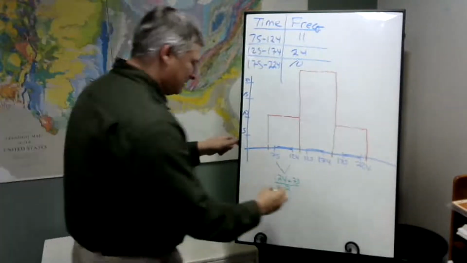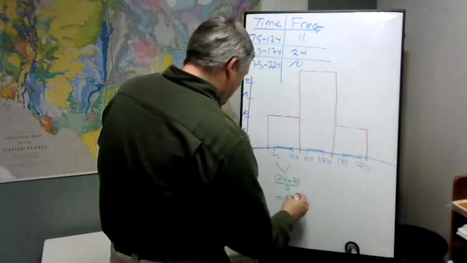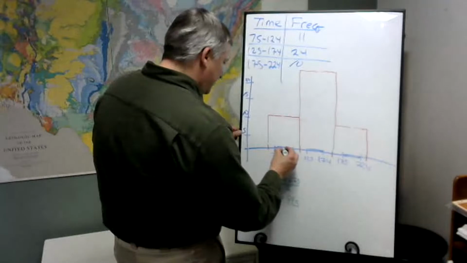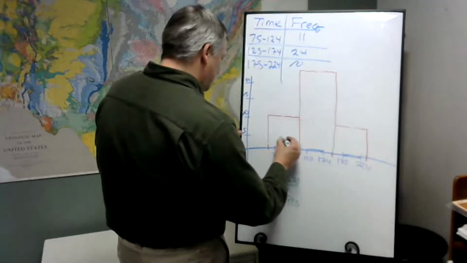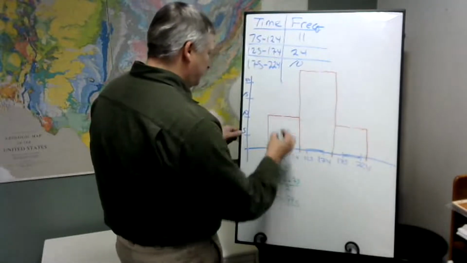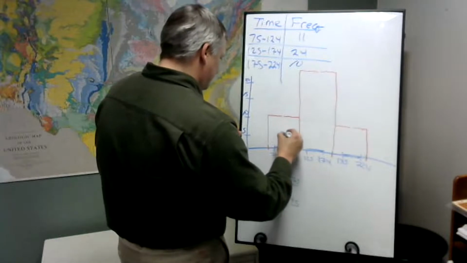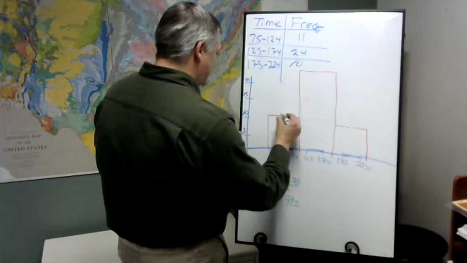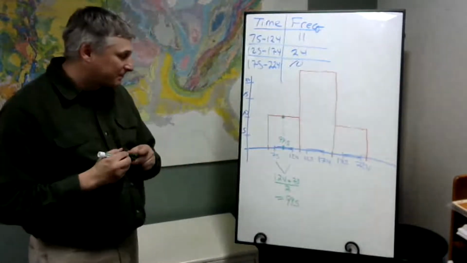And let's see, we get 99.5. So the middle value here is 99.5. And that is how we place that point.